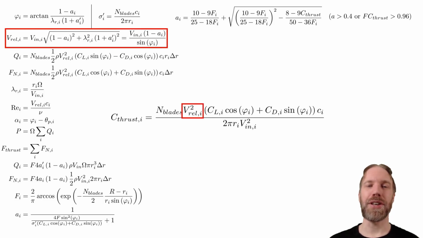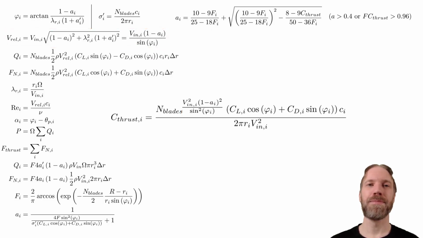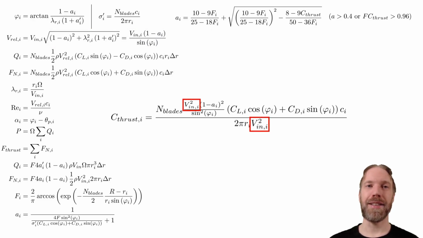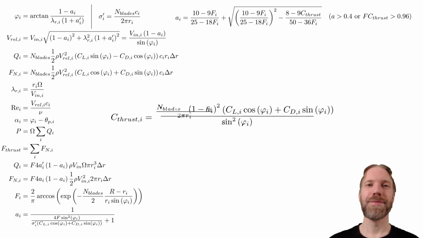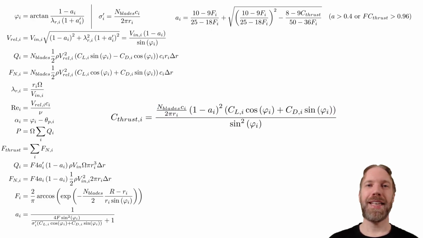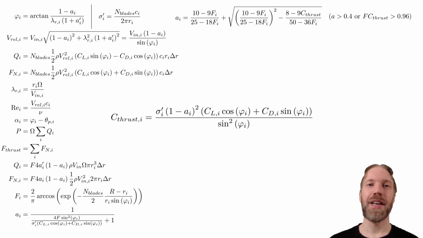Insert expression for the relative wind speed. The velocity cancels. Combine these. We see that they are the solidity. We now have an expression we can use to calculate the thrust coefficient.